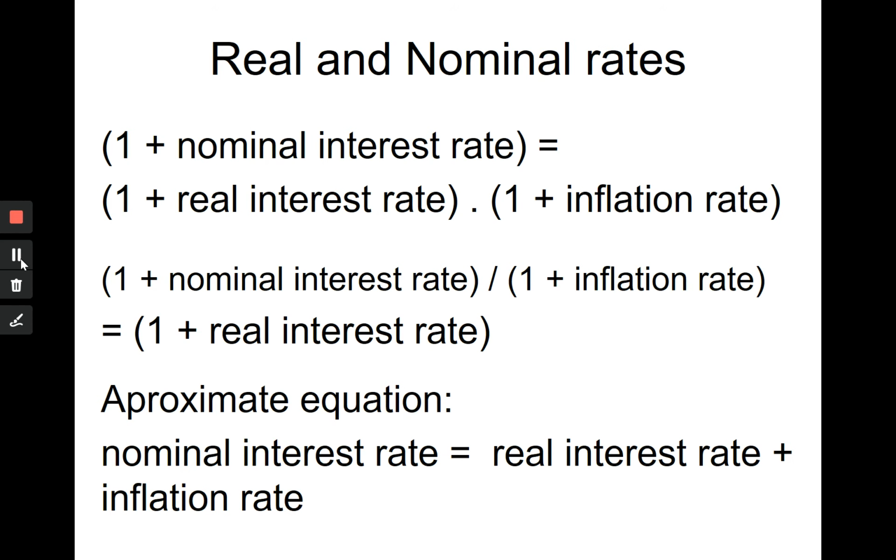All right, I made us a new slide that talks about real and nominal rates. The exact formula is 1 plus the nominal interest rate, for example, the quoted interest rate of 4% for our loan, equals 1 plus the real interest rate, how much our money would buy after inflation, given this increase in prices, multiplied by 1 plus the inflation rate.